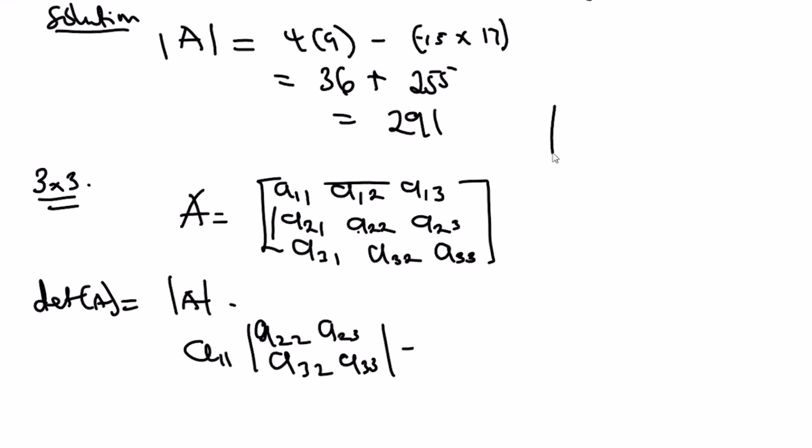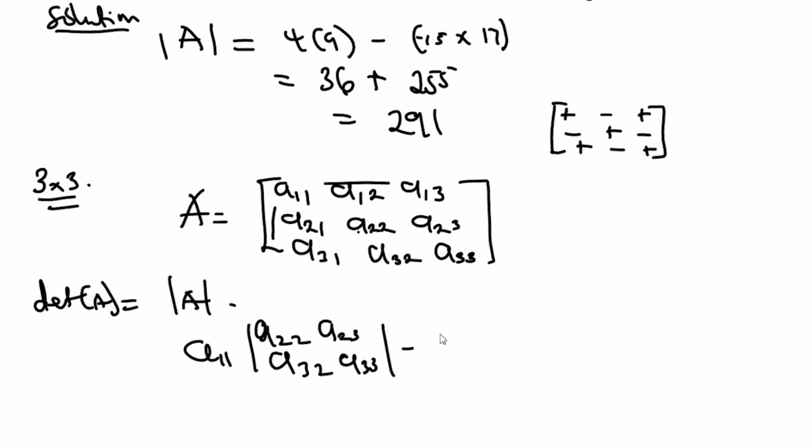And the next one will be minus. So always remember this: plus, minus, plus, minus, plus, minus. The first one is positive and the second one is going to give us negative. We will explain that one when we get to the cofactors.